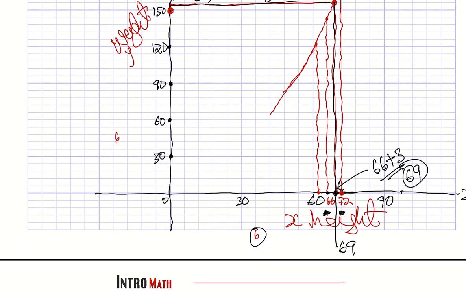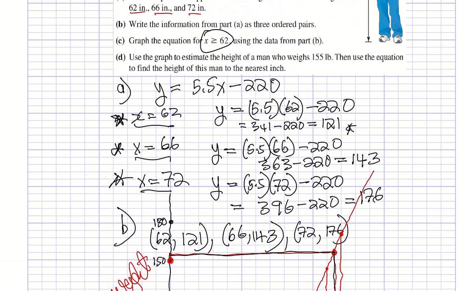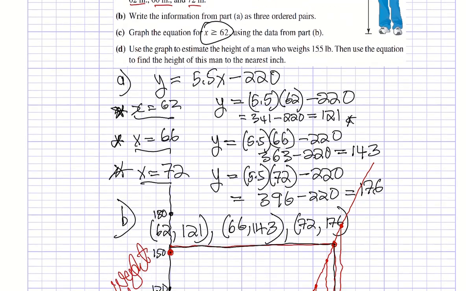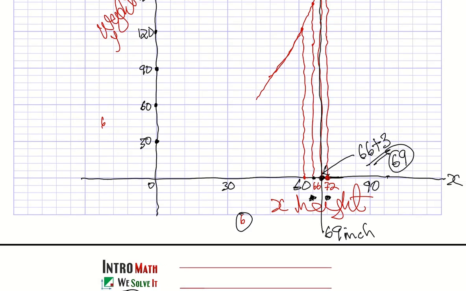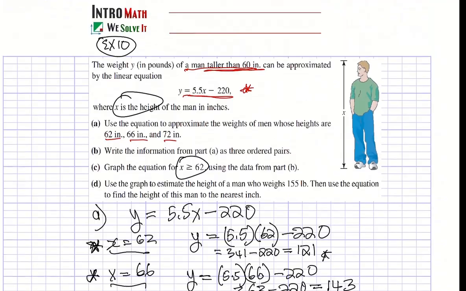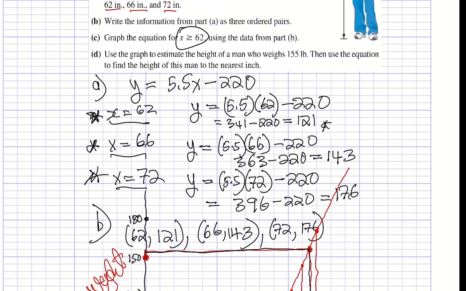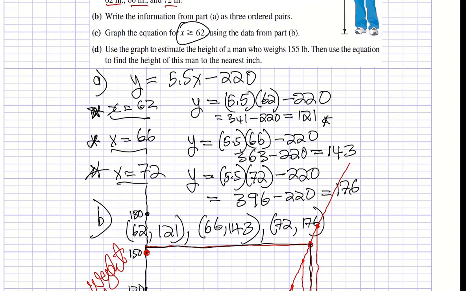This is probably about 69 right there. 69 inches about the height. I don't know if we're probably a lot off. Let me see the number we did. We did number 10. Okay, so we're probably a little off.